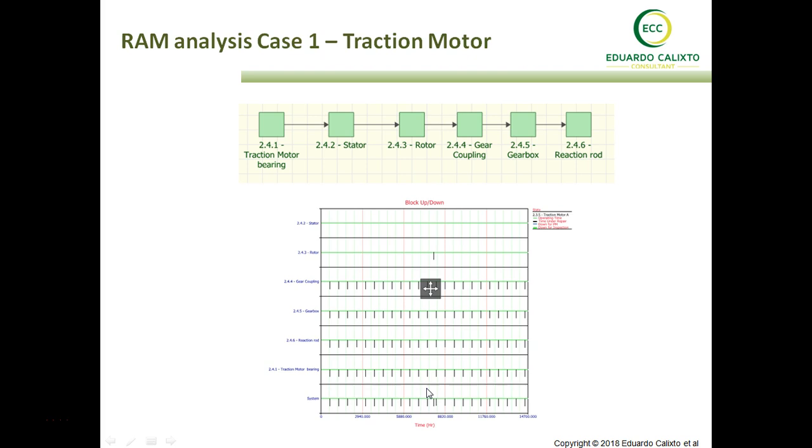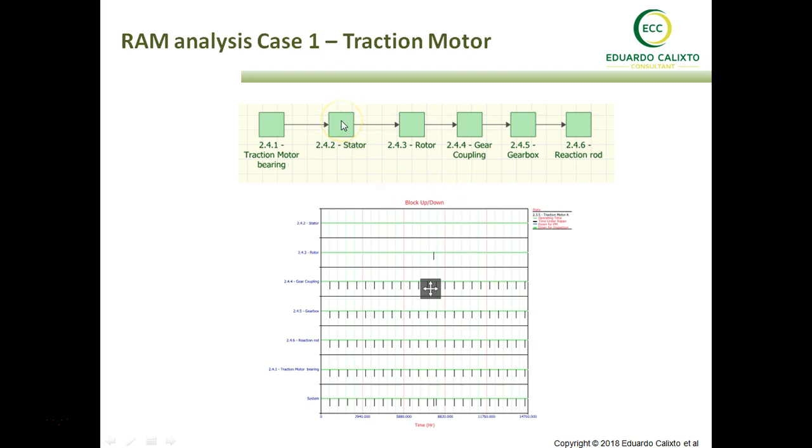So let's take a look at the traction motor concerning the RBD model. We are considering these 6 elements here: the traction motor bearing, the traction stator, the rotor, the gear coupling, the gearbox, and the reaction rods. Basically, the stator has no maintenance and inspection policy, it is electric equipment, so we run it to failure.